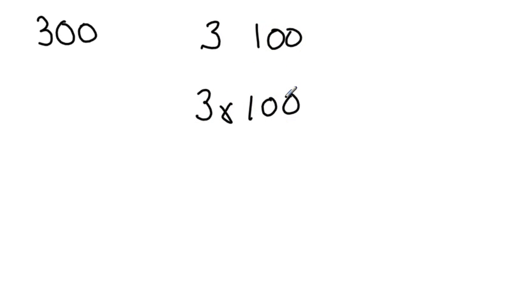So what we are doing is we're writing this number as 3 hundreds. And we know that 3 hundreds can be written as 3 times 100. And 100 then can be 3 times 10, the power of 10 squared.